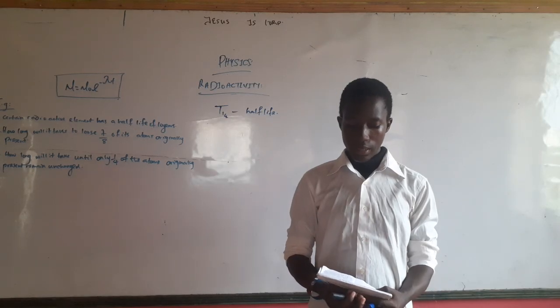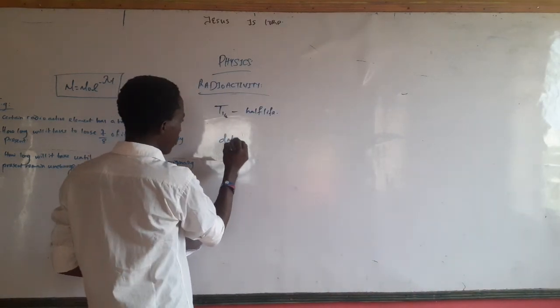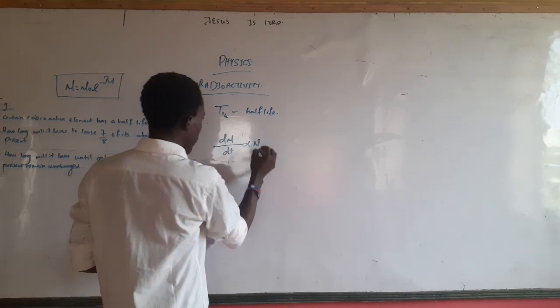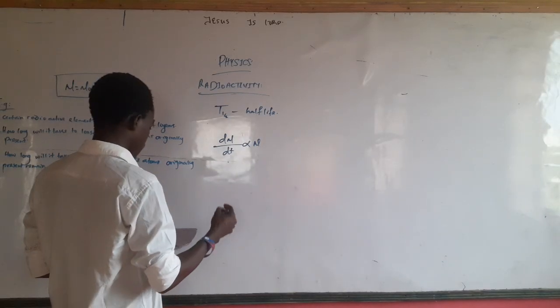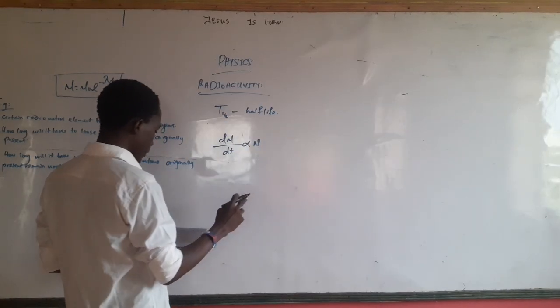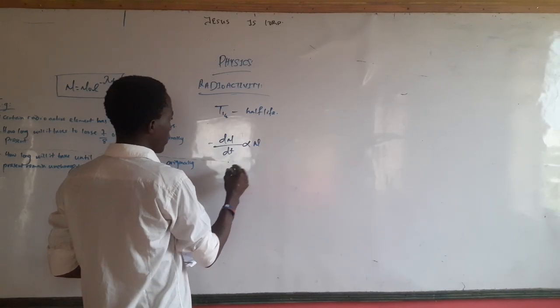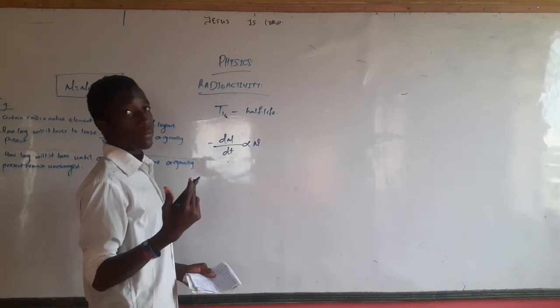So we have the rate, dN over dt, proportional to N. When we introduce the decay constant, instead of using K, we use lambda.